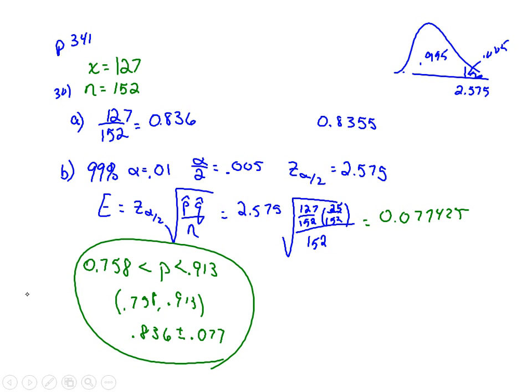And what is our confidence level? We want to be 99% confident. You should have the same answer we had before, 0.758 to 0.913. You're good.